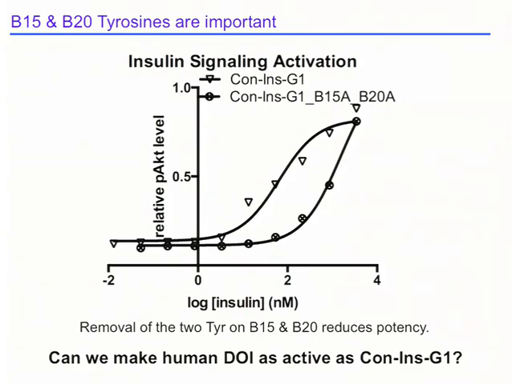But still, at least to me, the goal is whether you can use this same strategy on DOI, which has no such fragment and no B24 phenylalanine, and make DOI closer to insulin to activate the insulin receptor.